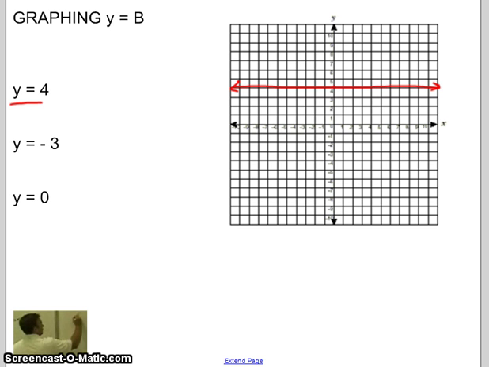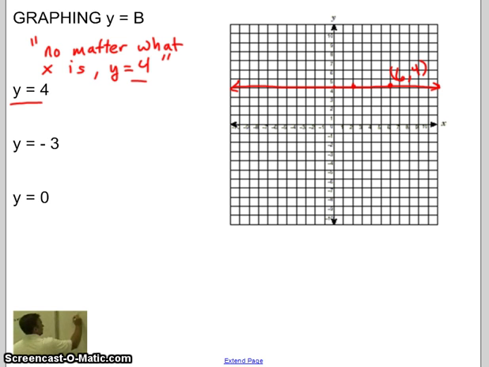What that says is no matter what x is, y equals 4. If I look at any point on this line, let's say right here, this point is 6 comma 4.